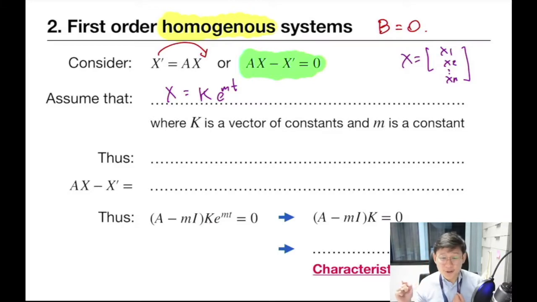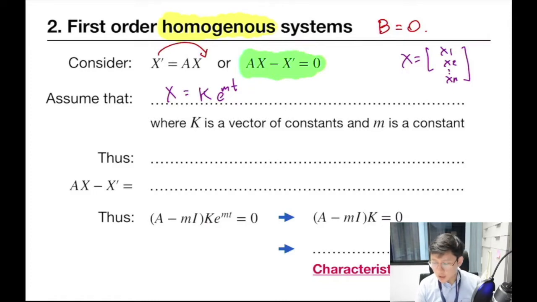If you remember, we assumed that y is c1 e to the mt. So we are doing pretty much the same thing, but in the matrix sense. So x is a vector and K is a vector as well, and e to the mt. We just assume that x takes this form where K is a vector of constants and m is just a constant. We don't know much, we just assume this.